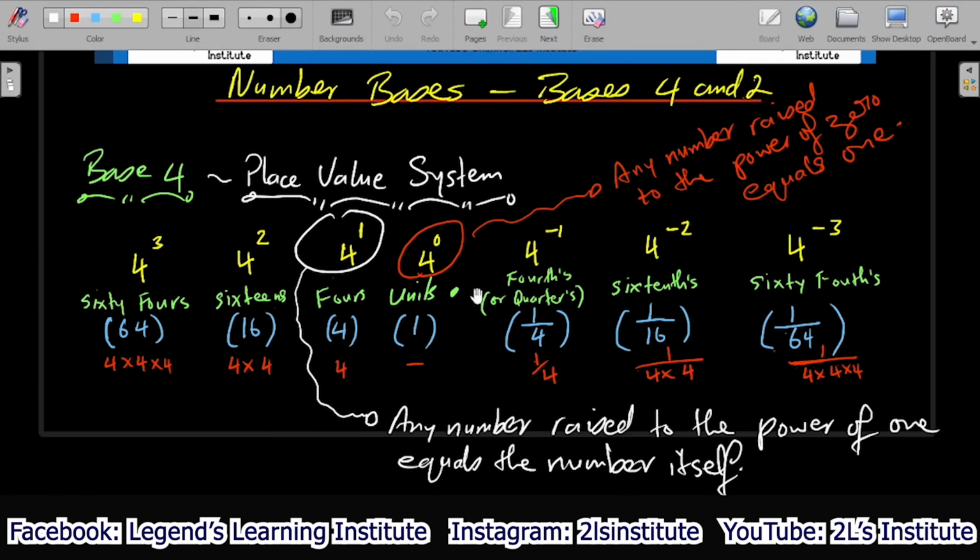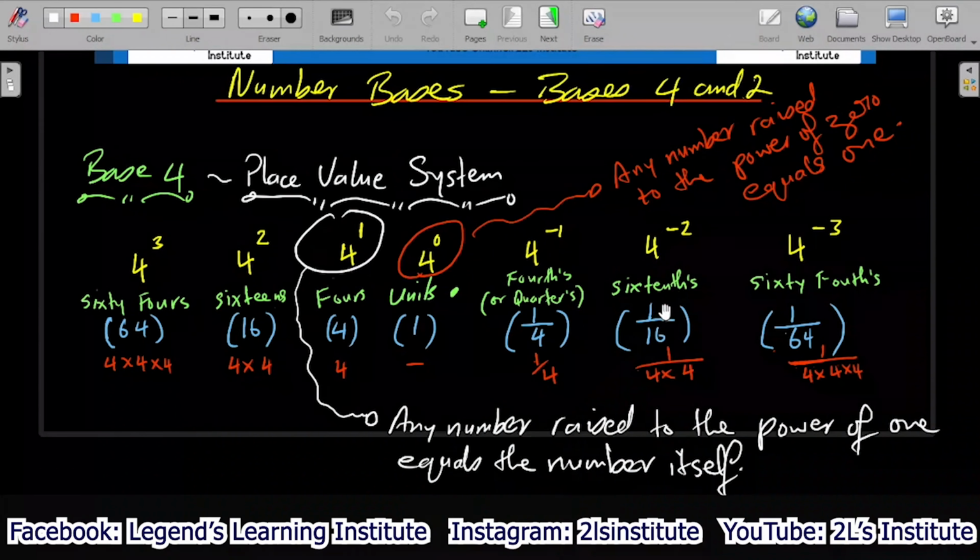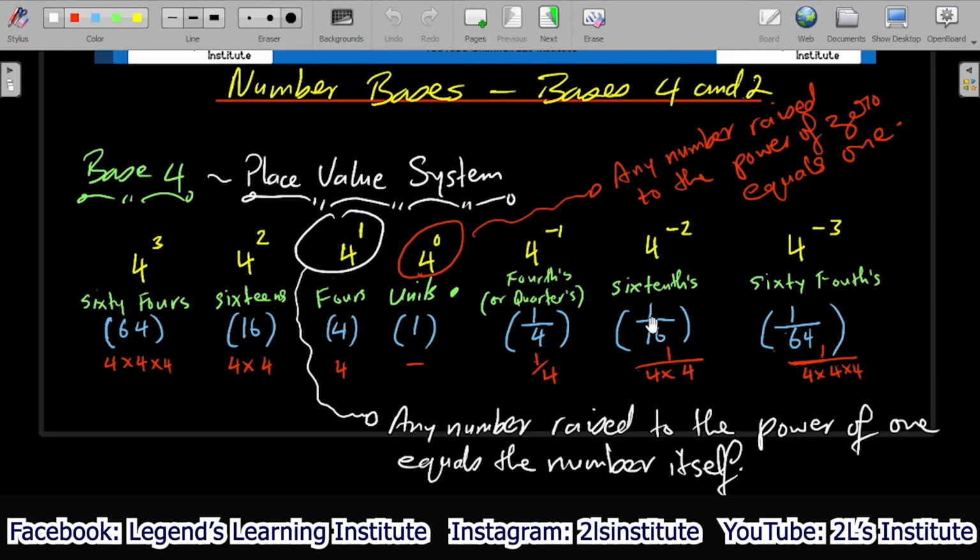Then to the right of the decimal point, we have 4 to the power of -1, which corresponds to a quarter, so we call it the fourths place or the quarters place. Then we have 4 to the power of -2 in the second decimal place, which is the 16th place, or 1/16, or 1 over 4 times 4.